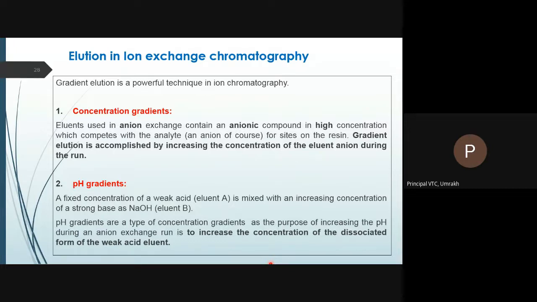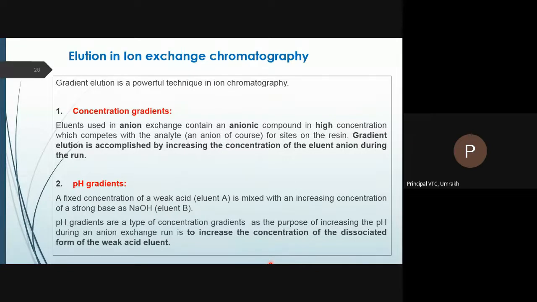If we are changing the concentration of your ion exchange solution, it is called a concentration gradient. In a pH gradient, we change the pH during the chromatography. In a pH gradient, a fixed concentration of weak acid, suppose solvent A, will be mixed with increasing concentration of strong base. So both pH gradient and concentration gradient can be used for the elution.